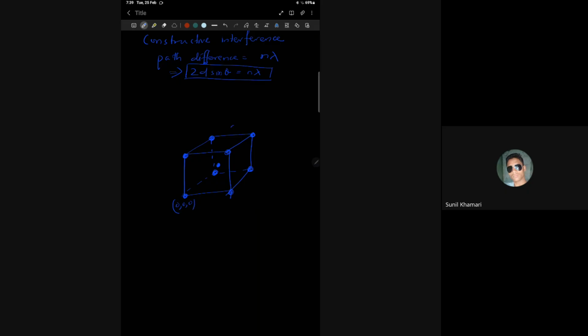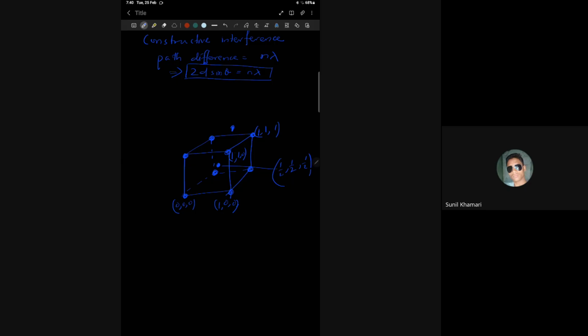If the side length is 1, then this will be 1 0 0, this will be 1 1 0, and this will be 1 1 1. So this midpoint over here will be 1 by 2, 1 by 2, 1 by 2.